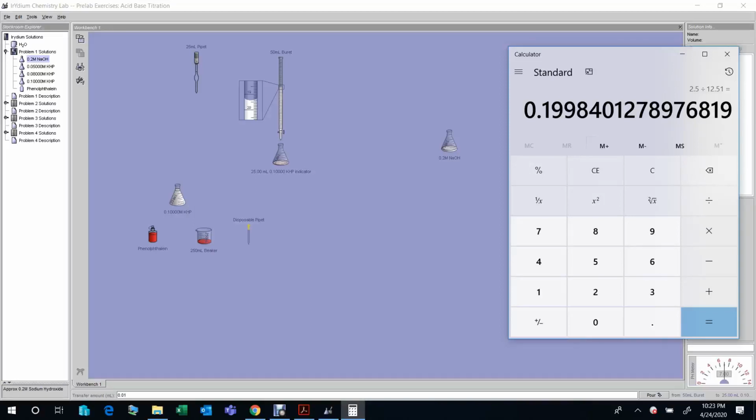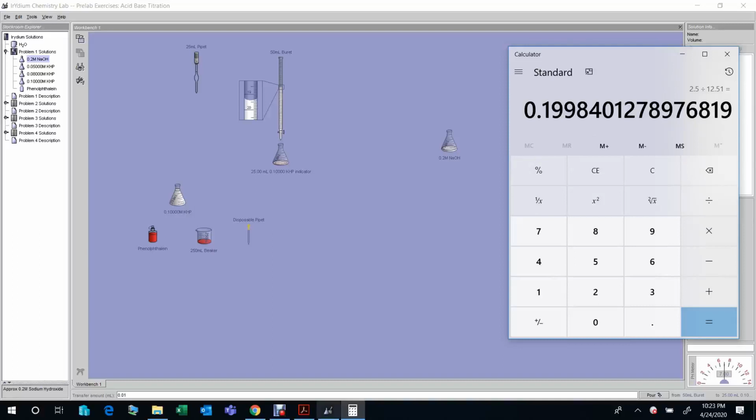But here we cannot see that. So that's the reason I added 0.02 milliliter in a very careful way. So we don't want to overshoot.